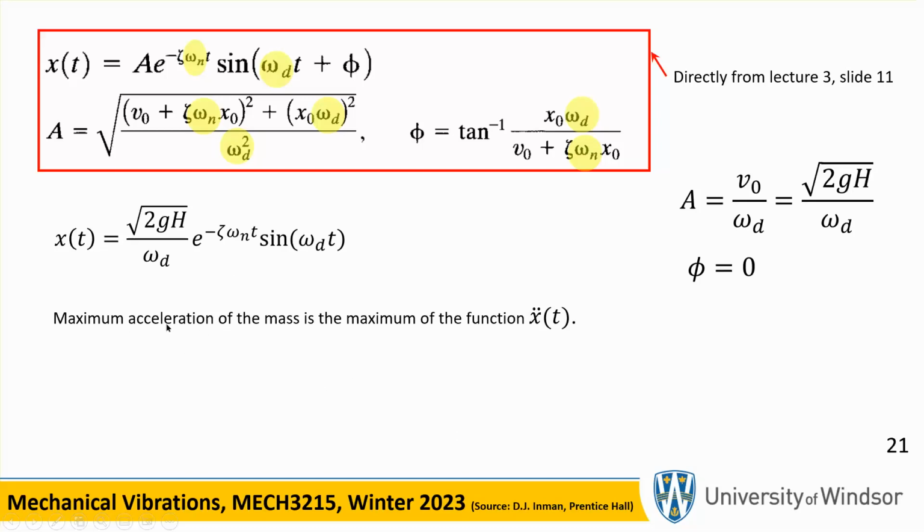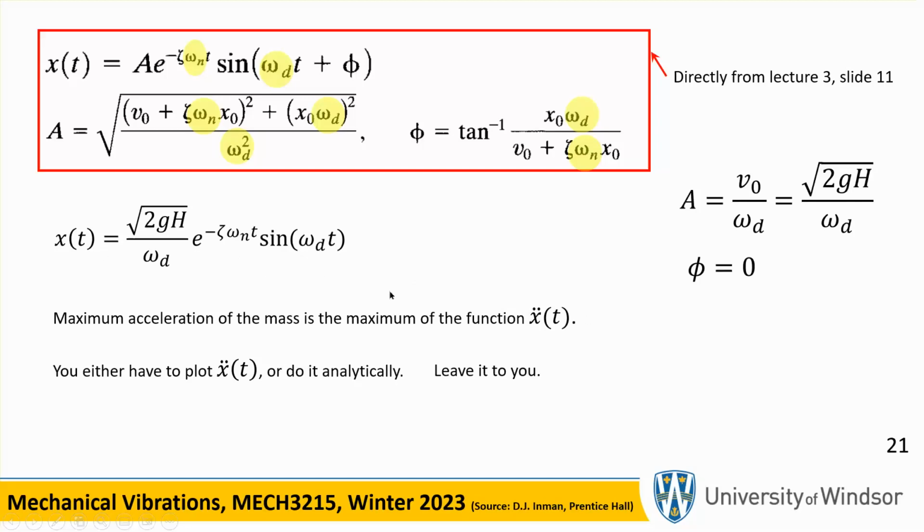Now, the maximum acceleration, if you look at it, is the maximum of x double dot. Okay, you can plot this if you want and find out what is the maximum x double dot, or you can differentiate it to find the maximum of x double dot. You have to differentiate this thing 3 times and set it equal to 0.